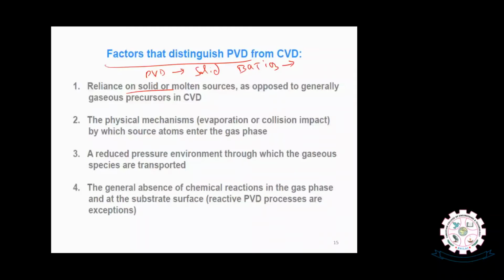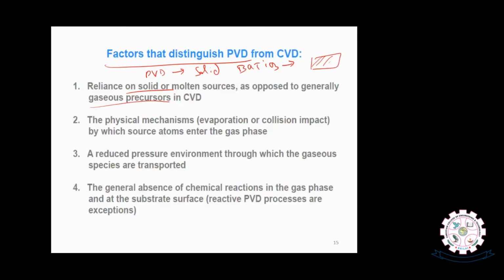With PVD, I start with the solid only. Then I evaporate it, bring it to the gaseous state, and make sure that it becomes solid again on the substrate. But in the case of CVD, you start with gaseous precursors. That means you start with either a liquid or gases. You start with the composition of that, and then you move on.